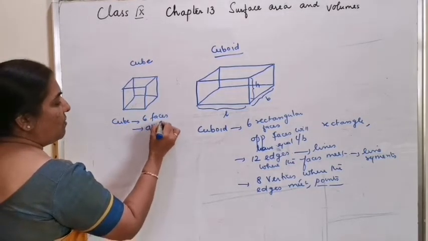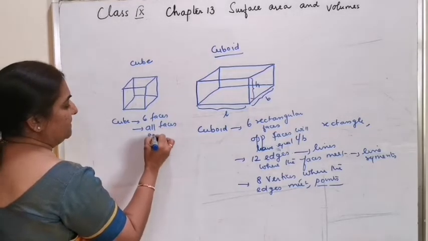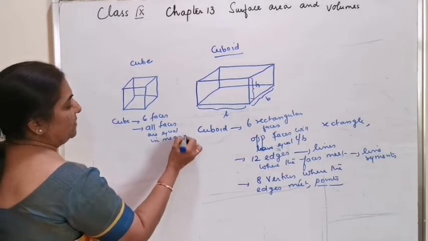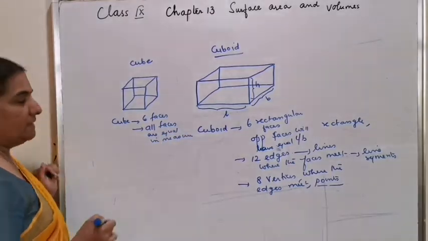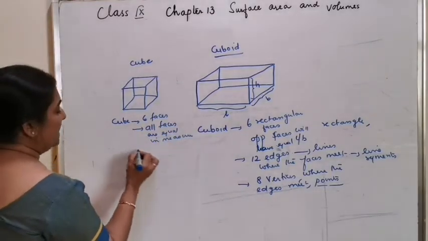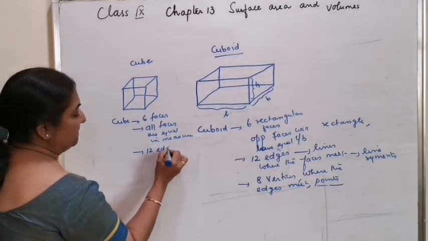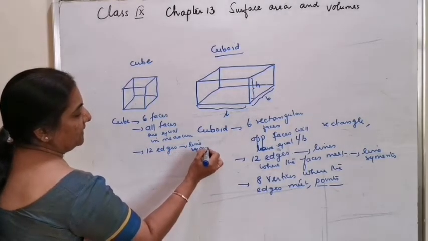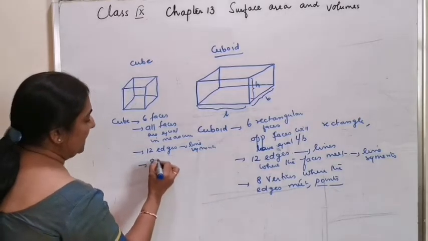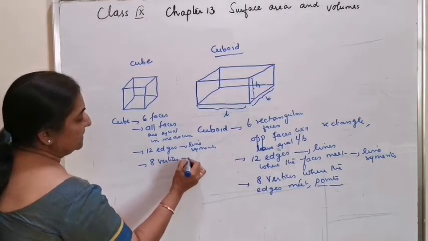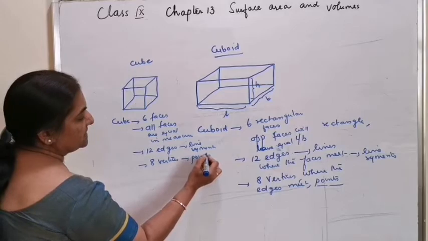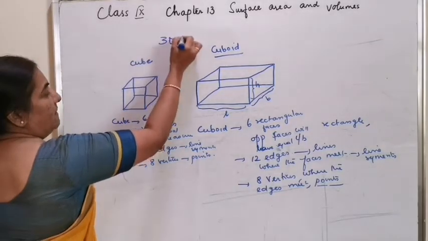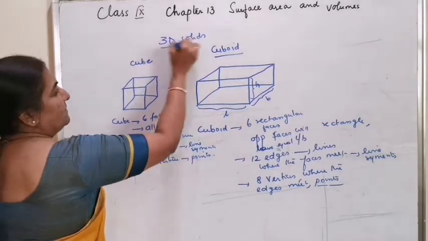Here all faces are equal in measure. That means the edges will be of the same measure. Then there will be 12 edges. Edges are all line segments, and there will be 8 vertices. The vertices are points. So they are the 3D solids.